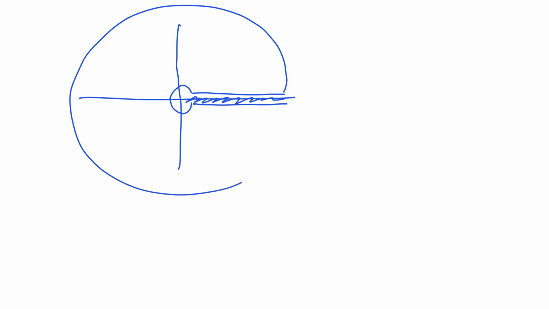So this is CR, we have i, minus i, C2, C rho, C3.